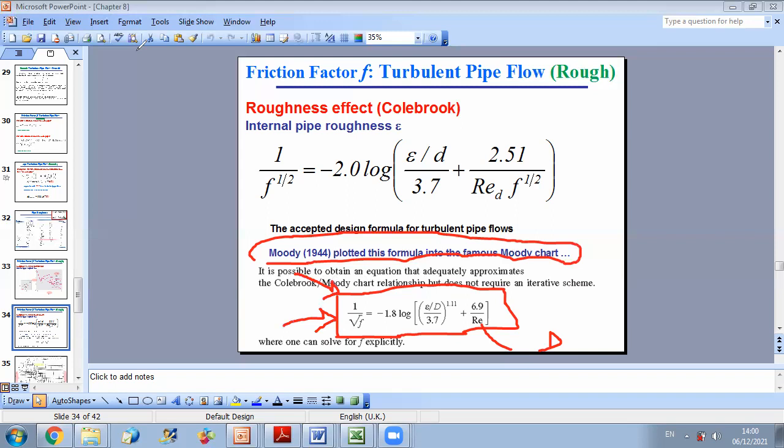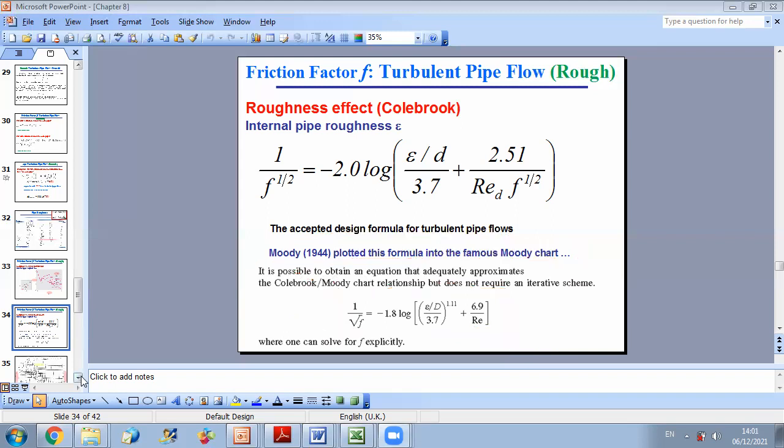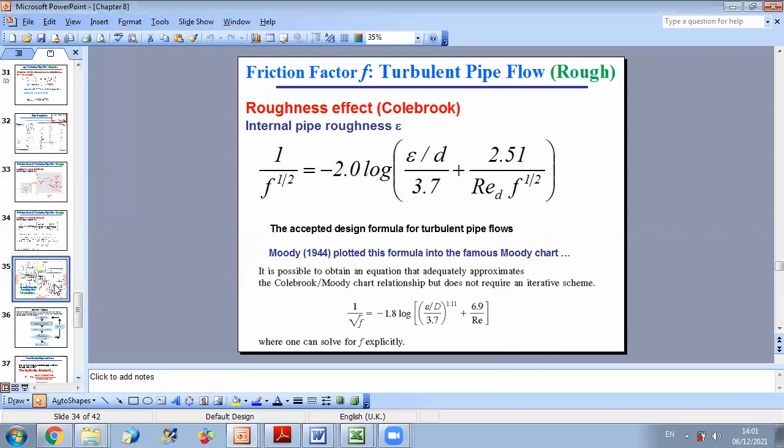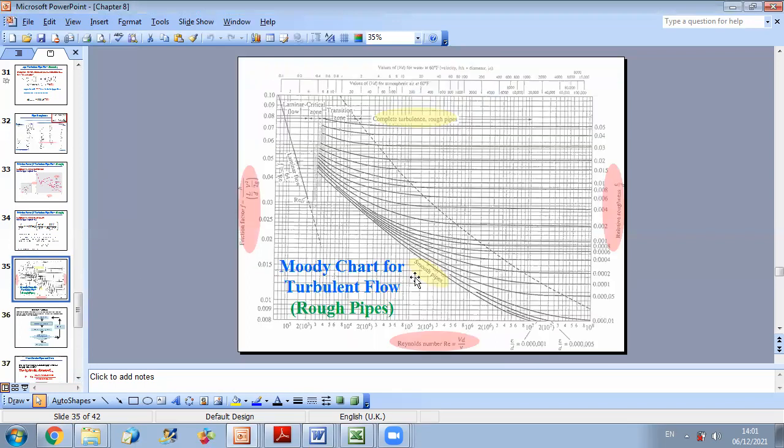Now, how do we use Moody, and what is the Moody diagram? This is the Moody chart for turbulent flow. Also in this diagram you have the case of laminar flow, since last time we developed the analytical solution. Of course, this is for circular ducts.